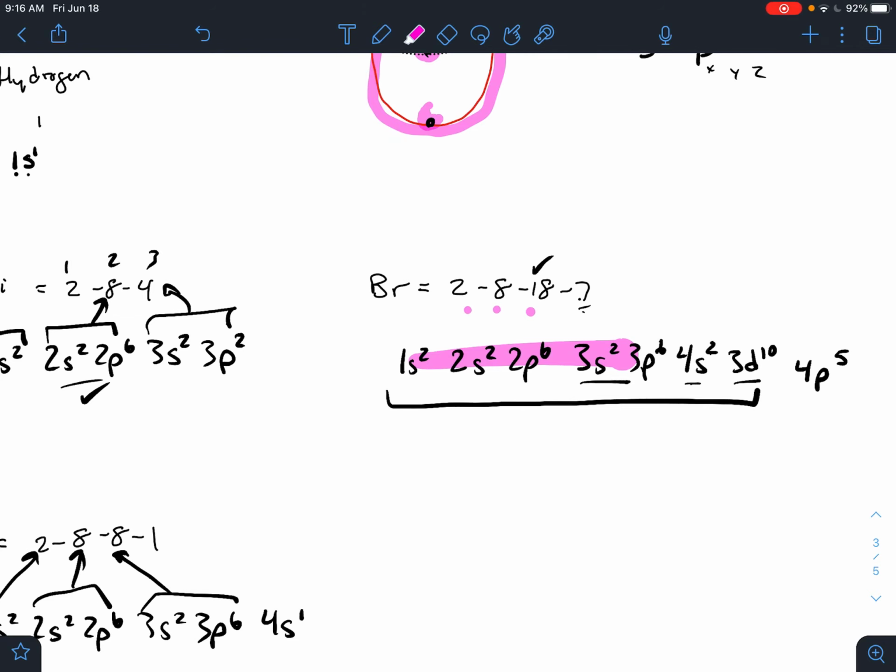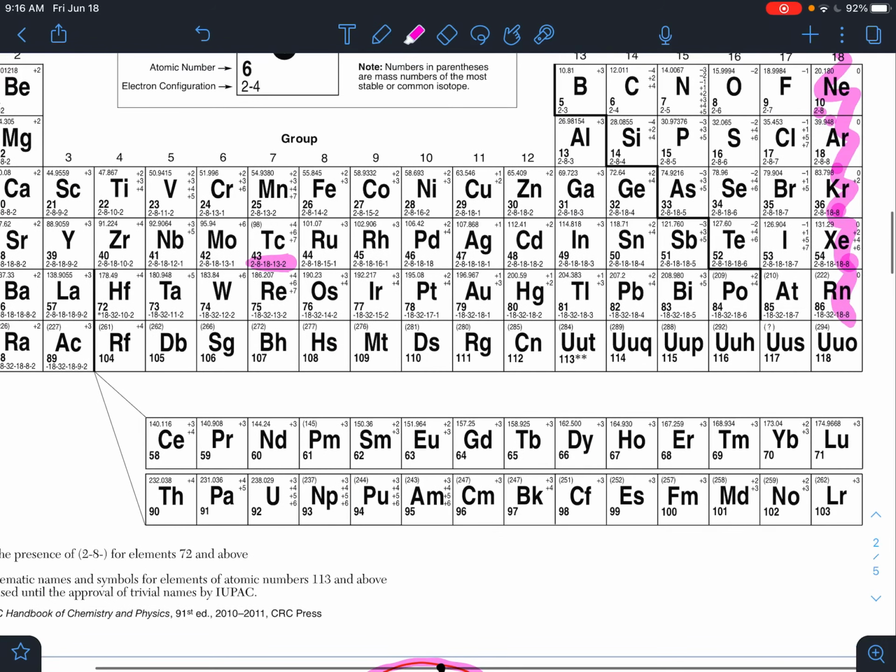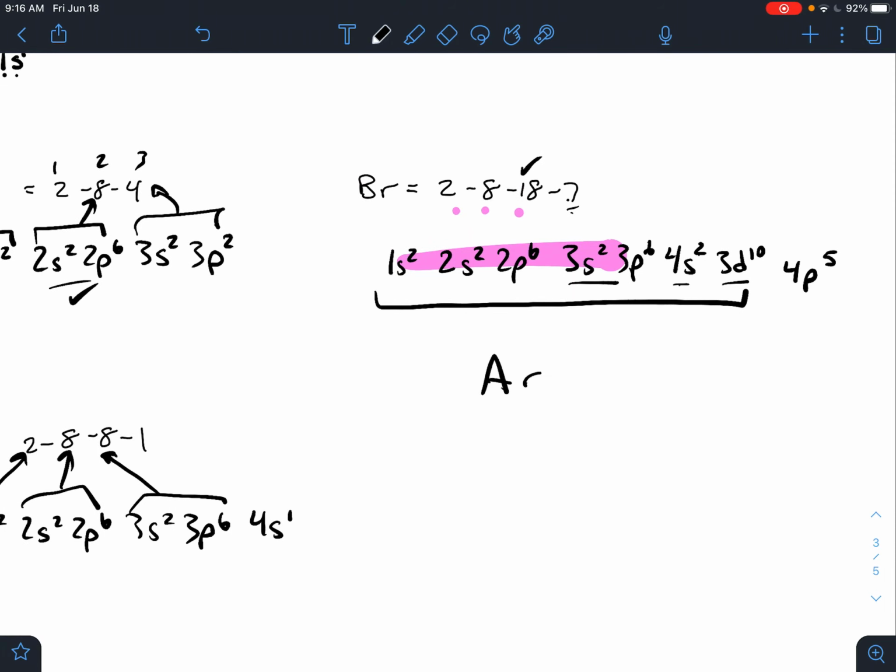So like a 2, 8, 8. I could just do argon like this, Ar in brackets, and then put the rest after. That's included. So 4s2, 3d10, 4p5, done. And I actually saved a little bit of time.